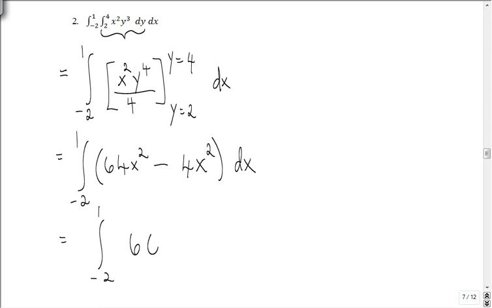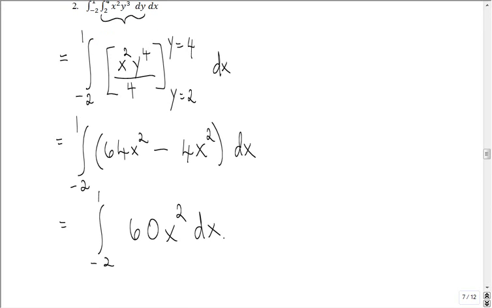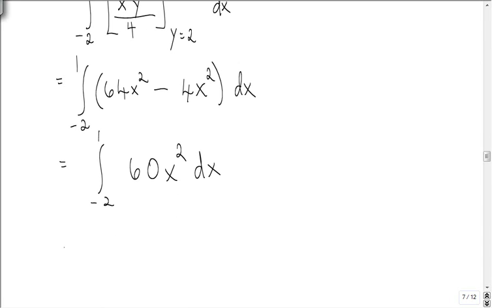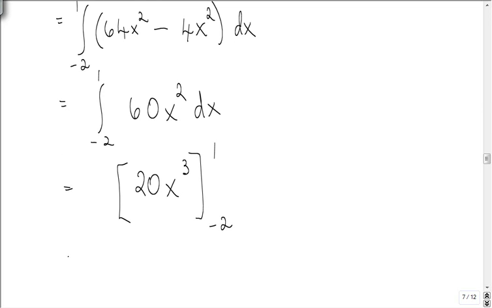That leaves us with 60x squared dx. So we are now in single variable calculus. Now let's integrate. What is the integral? 20x cubed from negative 2 to 1. Substitute. This is 20 minus, and put negative 2, that's negative 8, that's negative 160, and the answer is 180.